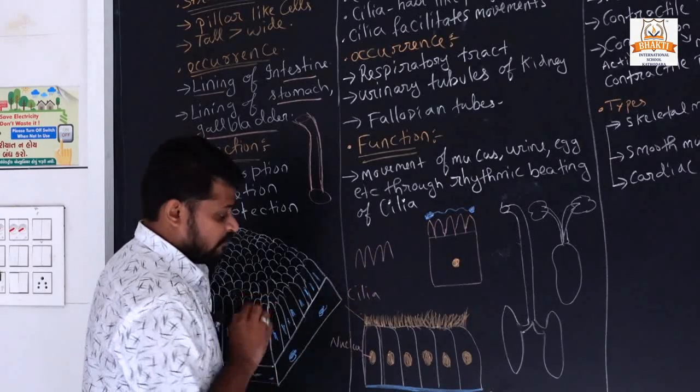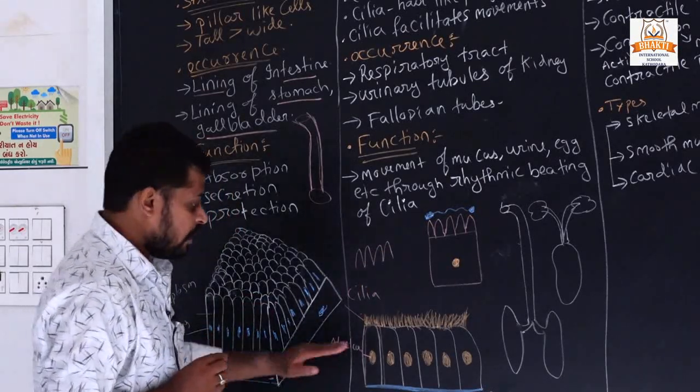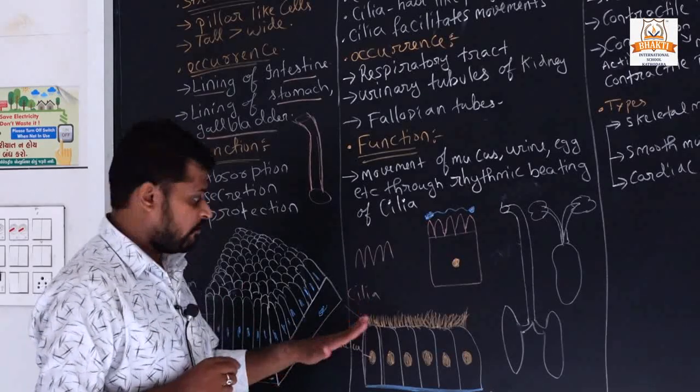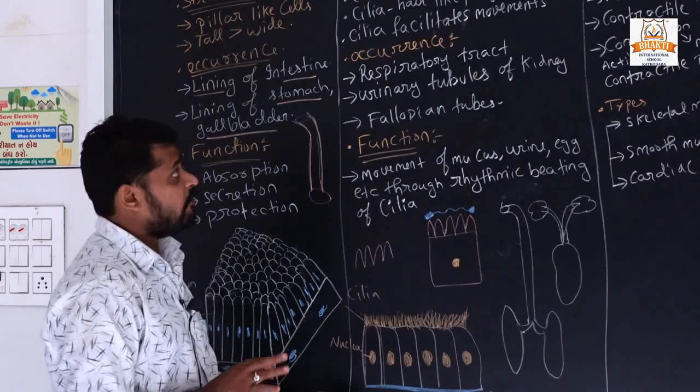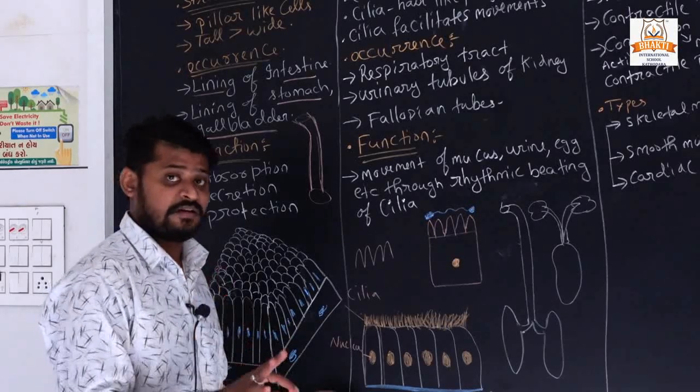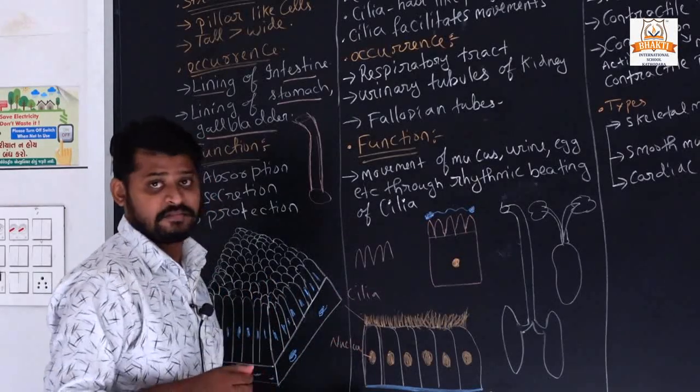It is present at the top of the cell, where there is a free surface, from there the cilia are present.